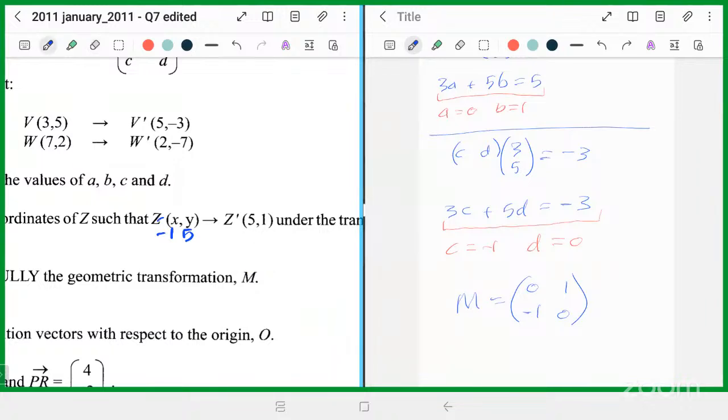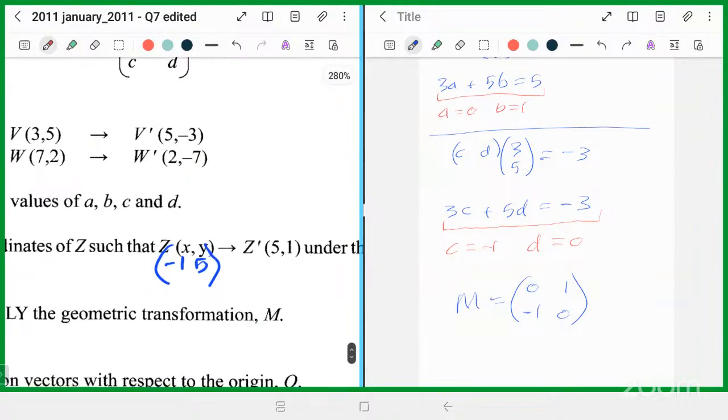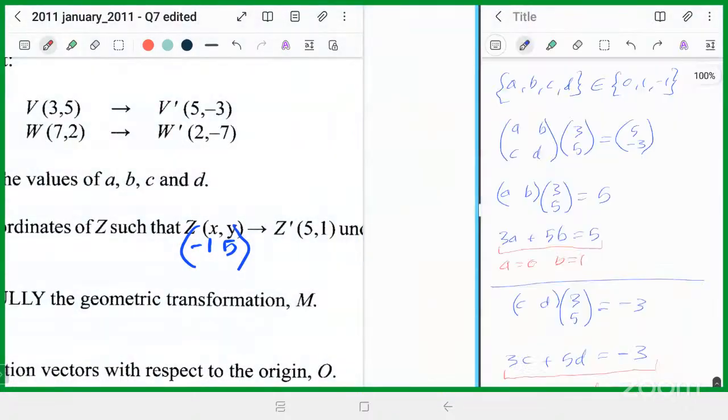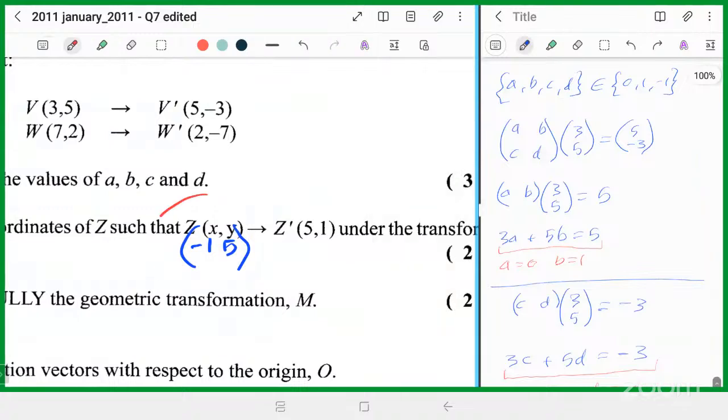-1, 5. And if you want to check it the other way to see if it is correct, you can do that. Look, let me zoom it up for you. Check it the other way. So I'm saying the answer is -1, 5. The original image of Z is 1, 5.